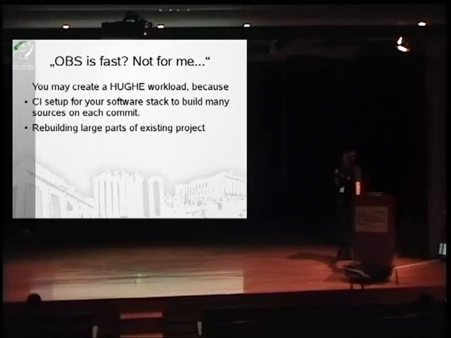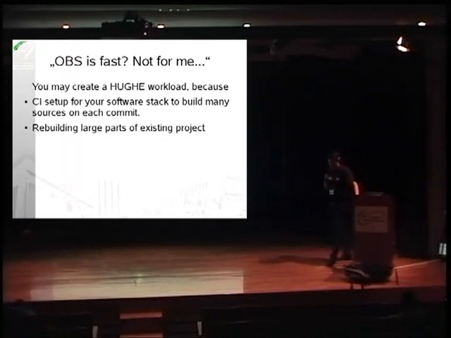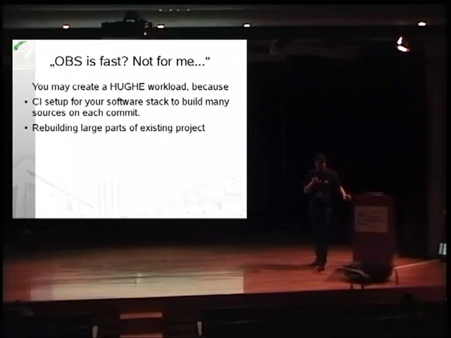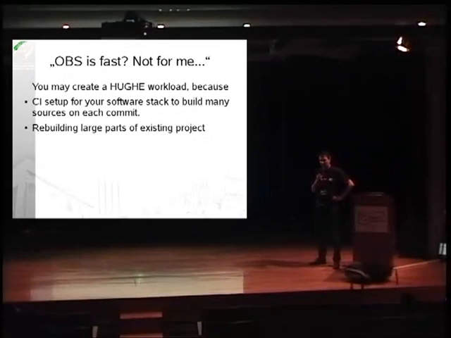So people set up their own instance, and then there are, I know it from some ISVs, some companies who test their software with it. One extreme I know, one company really rebuilds their, I believe, about 300 packages they have in their product, and they rebuild the entire product for each Git commit. So they have some stuff around build service which creates a new project and rebuilds their entire source for each Git commit.